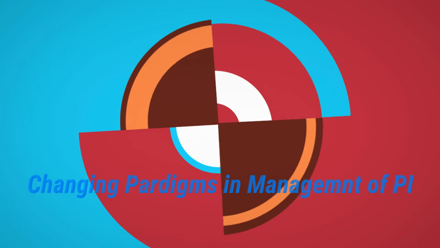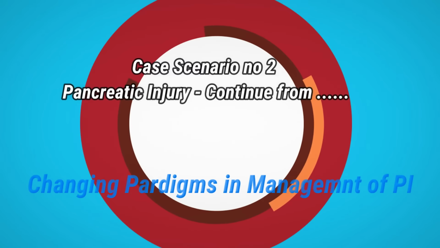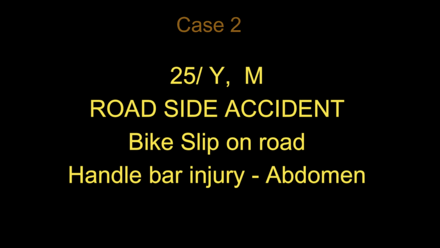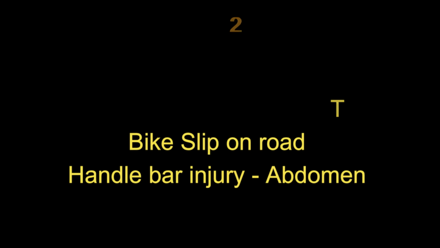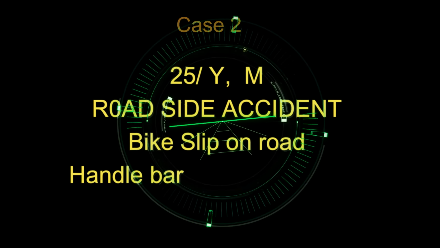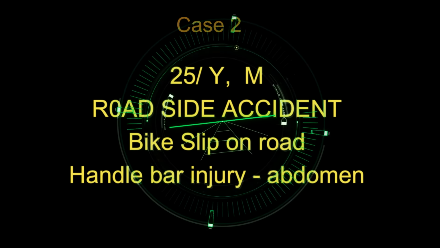I have given a case scenario in my last video tutorial about changing paradigm in pancreatic injury. This was a case of a 25-year-old male who had sustained a roadside accident and handlebar injury in the abdomen. Patient had taken treatment in the local hospital and he presented to us after 7 days of injury with persistent pain in the abdomen.